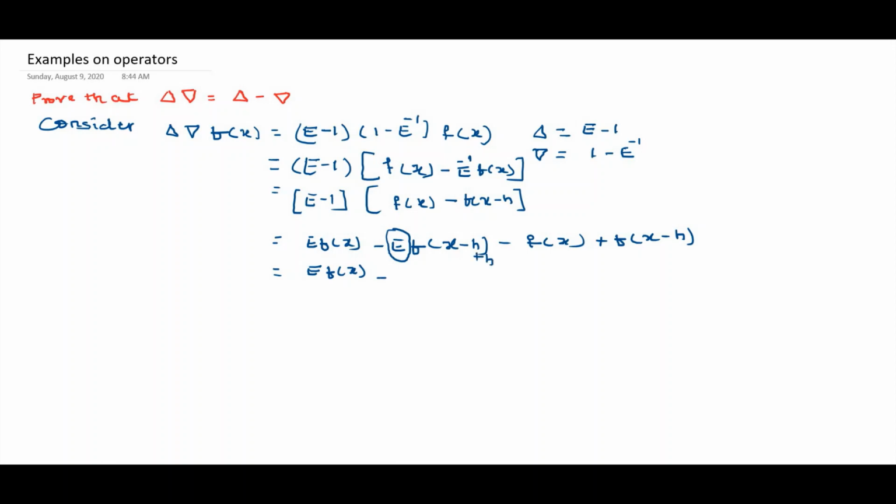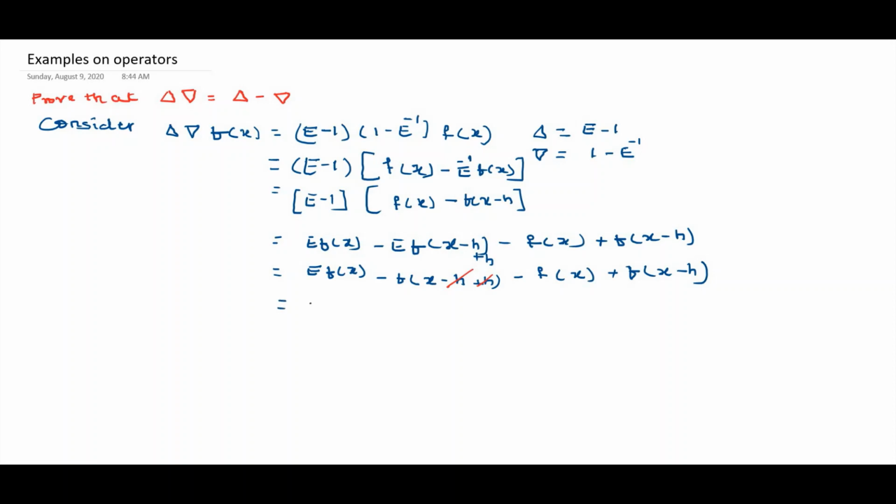So you will get minus, f of x minus h which we already have, and then adding this plus h so that this e gets eliminated, and then write down the remaining terms, minus into bracket f of x plus f of x minus h. Now here this plus h and minus h cancel.